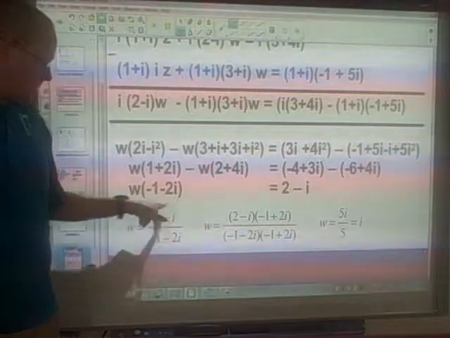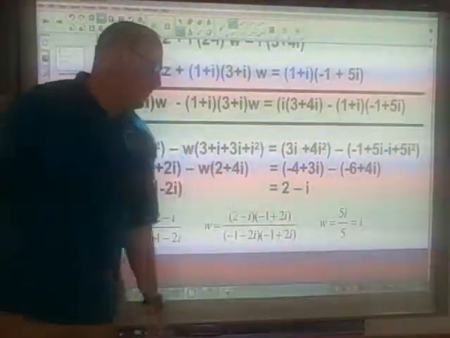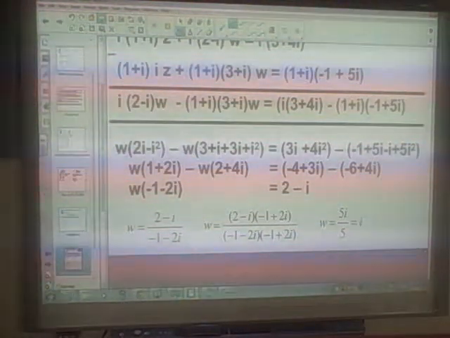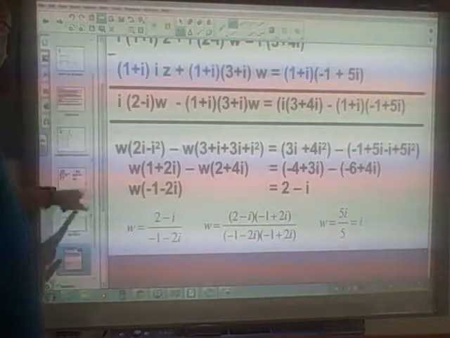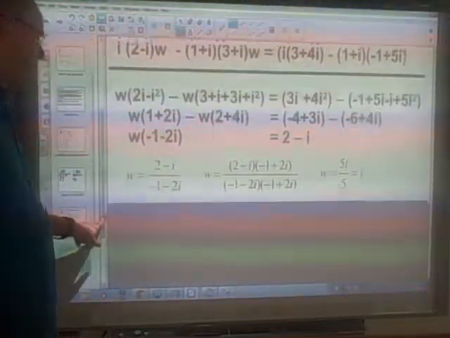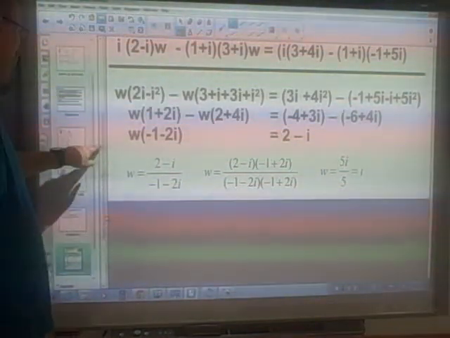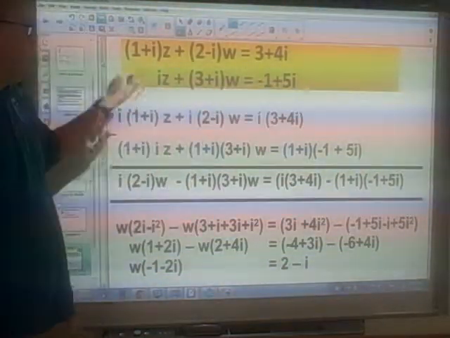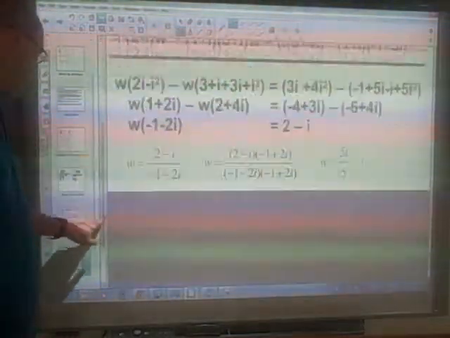And as I've got to rationalise this, times by the conjugate, and then when you simplify for this, you get i. So clearly you can see this is a much longer question than what we're used to when we're solving systems. And we've not even finished this question because after you found one value, you also need to substitute back to find the second value. So we found that w is i, and we can plug back into one of these equations. This seems to be the simplest equation, so let's plug i in there would probably be the best suggestion.